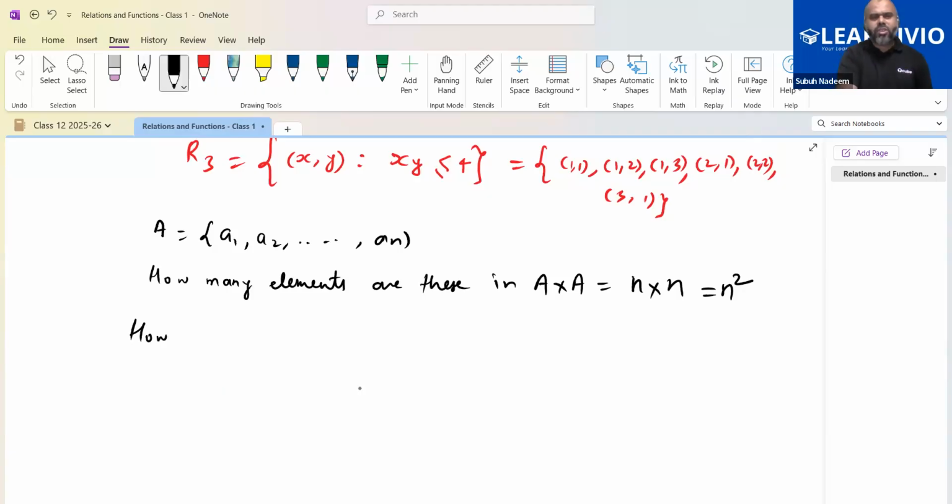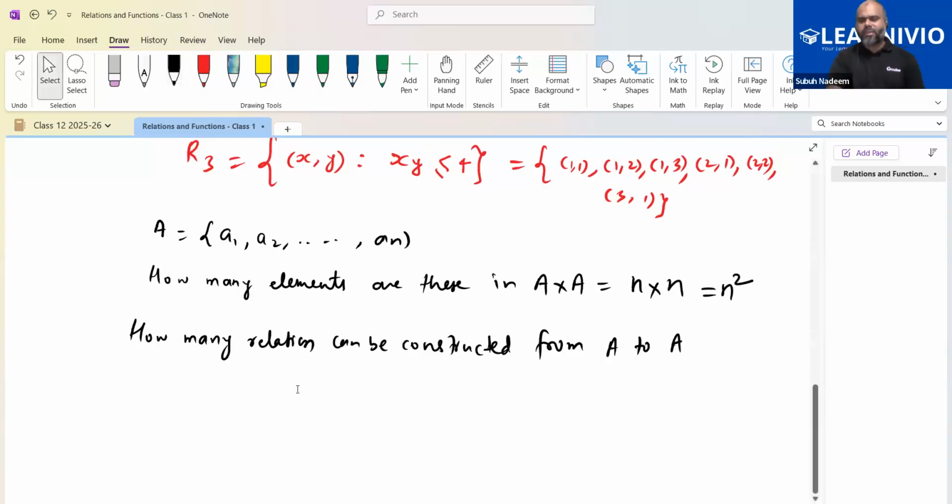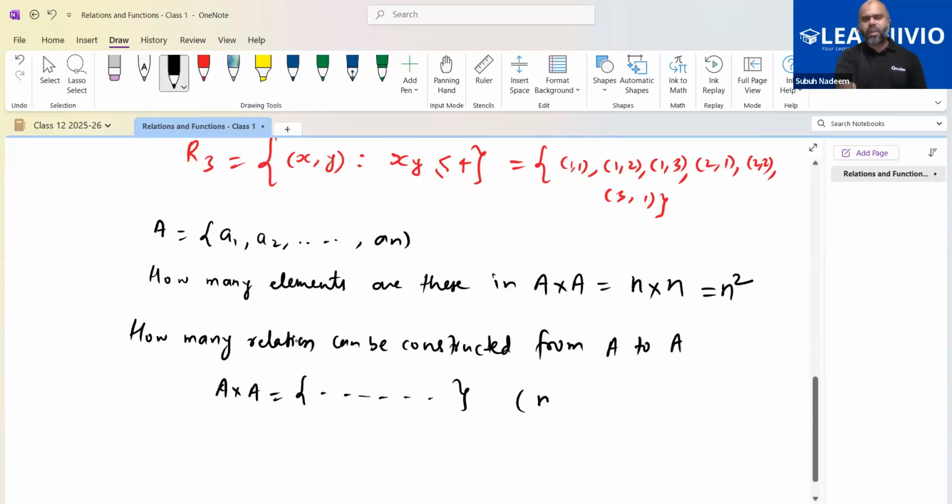How many relations can be constructed from A to A? A cross A has a total of n square elements.